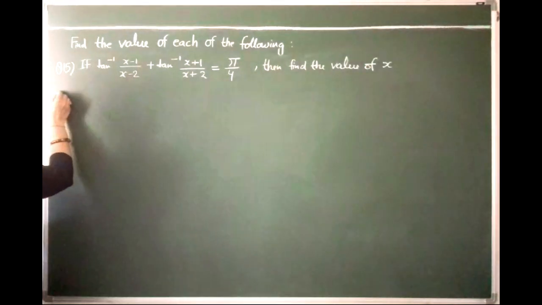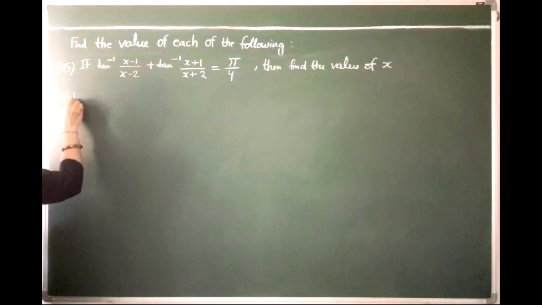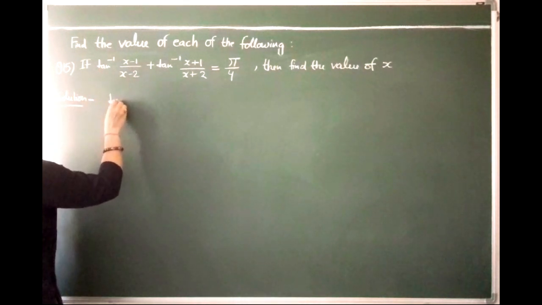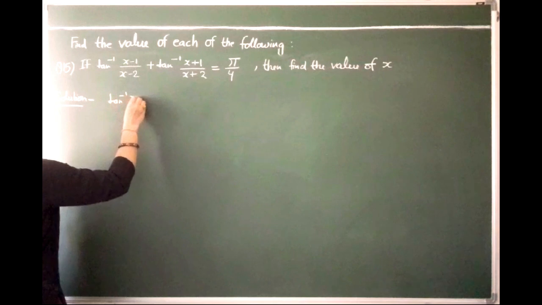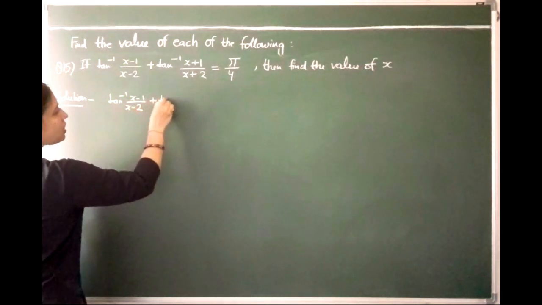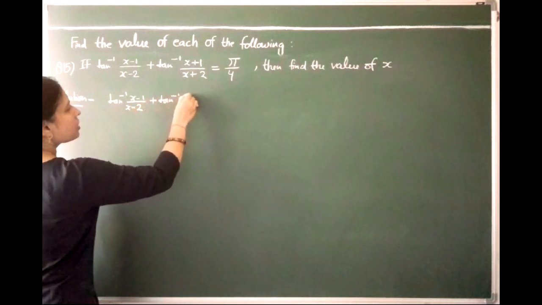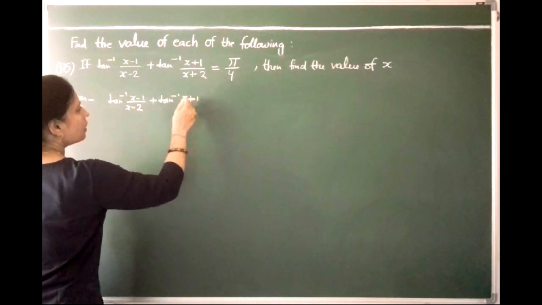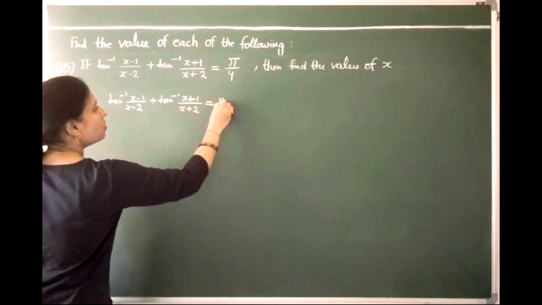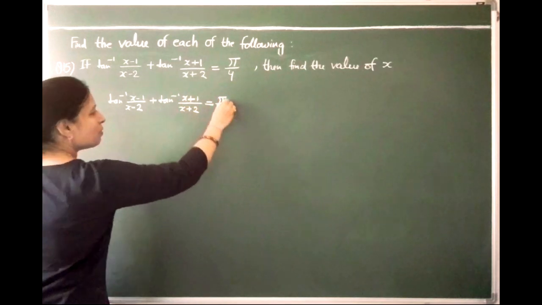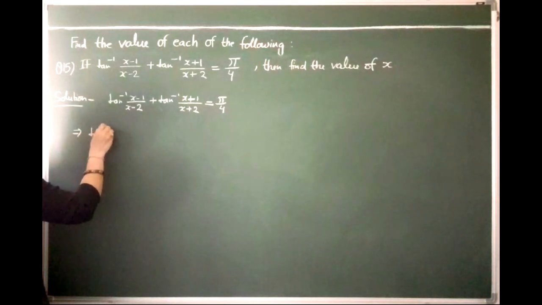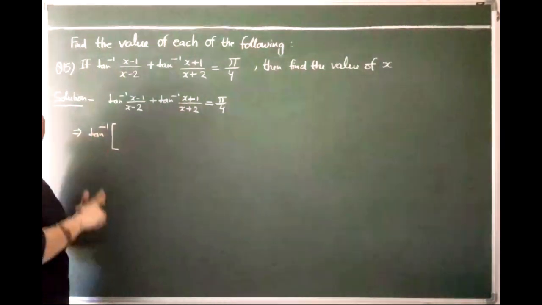So let us write first this one: tan inverse of (x minus 1) divided by (x minus 2) plus tan inverse of (x plus 1) divided by (x plus 2) is equal to pi by 4. Pi by 4 is given. So we can write tan inverse of (x plus y).